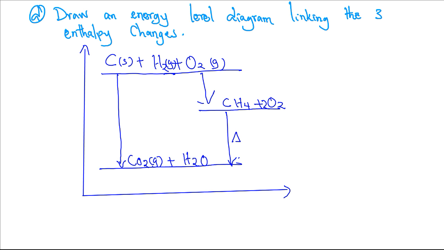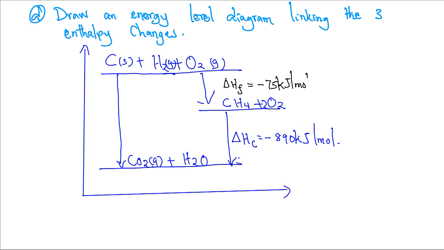So we have delta H combustion is negative 890 kilojoule per mole. That one is delta H formation, which is negative 75 kilojoule per mole.